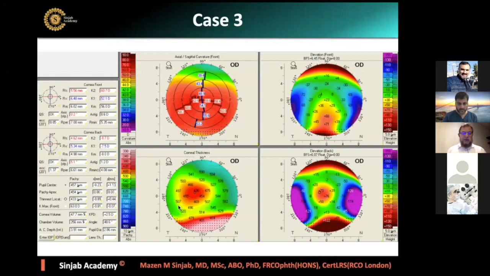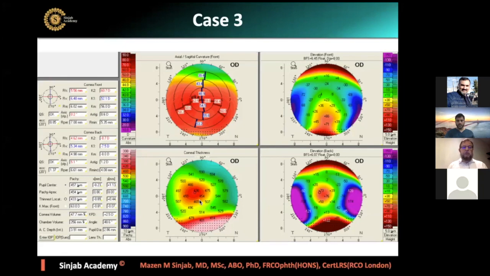So the problem in the axial or sagittal curvature map is usually the crab-claw pattern, such as in this case. And the posterior elevation is abnormal, and there is bell sign on the pachymetry map. So this is pellucid marginal degeneration.